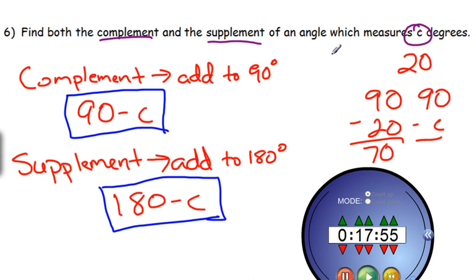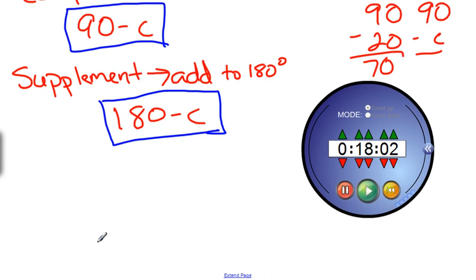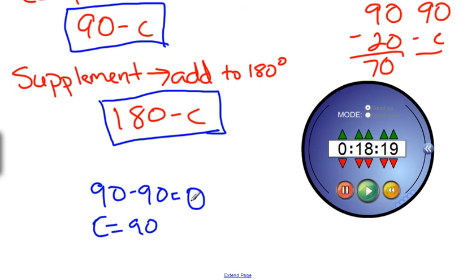Let's see, if c was 90, just for an example, would there be a complement to that? Would this idea of 90 minus c work? That would look like 90 minus 90, and that's not going to work because then your complement would have to be 0 degrees, and that angle doesn't exist.